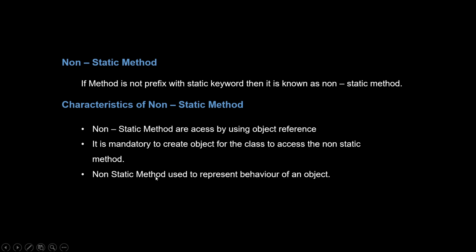Also, a non-static method is used to represent the behavior of an object. This is the point the interviewer asks about. If you answer only this, you will impress your interviewer. Non-static methods are used to represent the behavior of an object. Behavior means actions, what your method does. An object also has properties. Objects are like a pen, a car, a book, whatever.